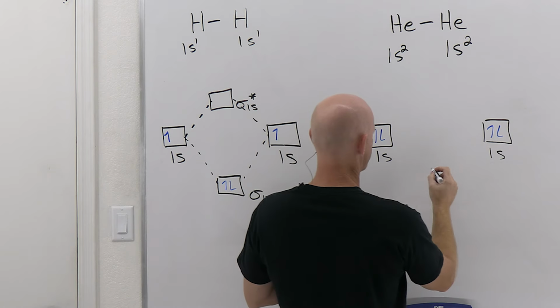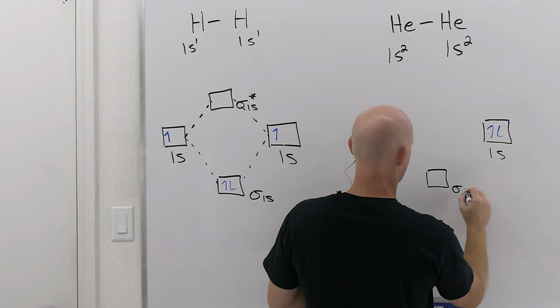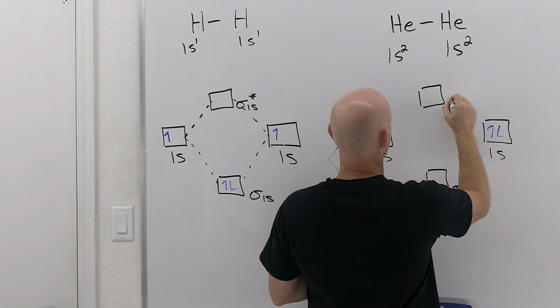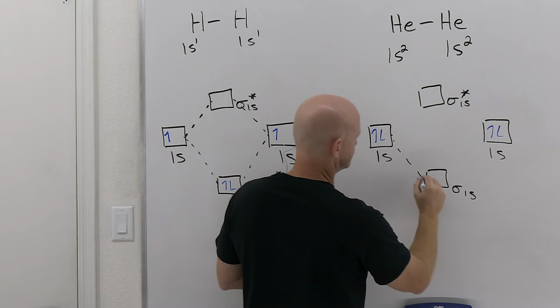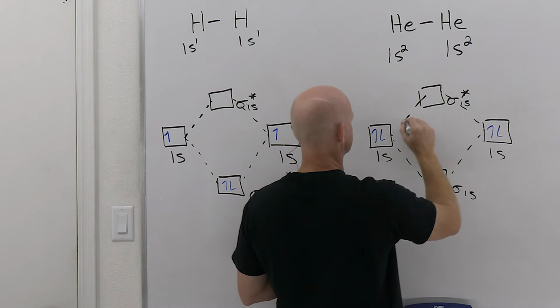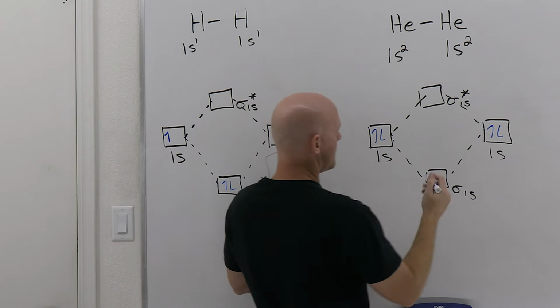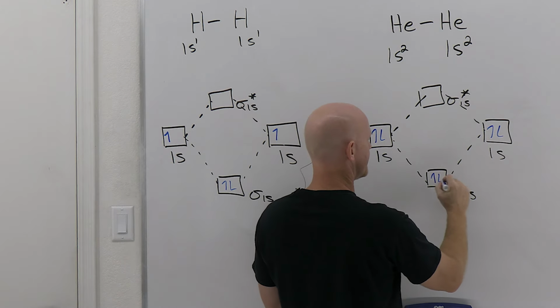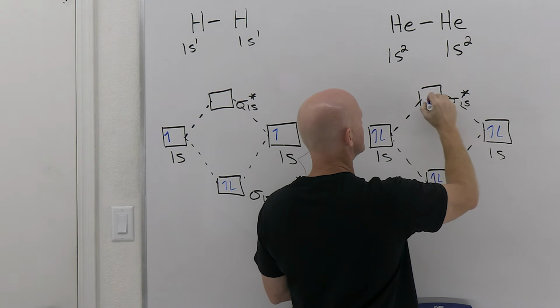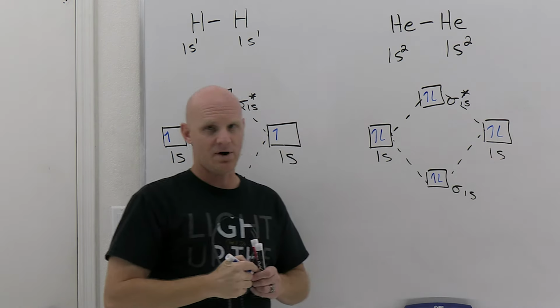And again, when they overlap, they're going to create a lower energy bonding molecular orbital and a higher energy antibonding molecular orbital. But now we've got 4 total electrons to fill into our molecular orbitals, and so we'll put the first 2 in the bonding, but we'll put the second 2 in the antibonding.